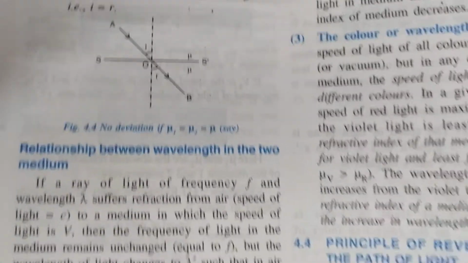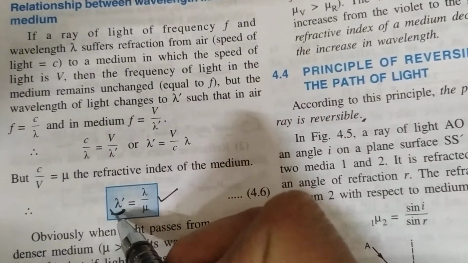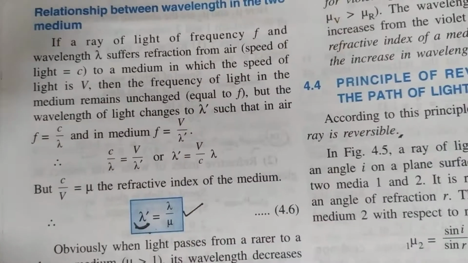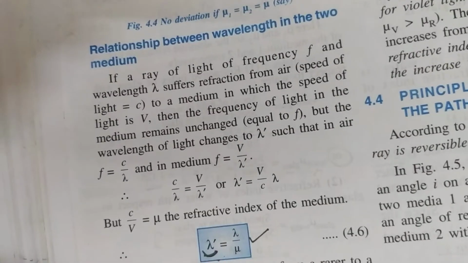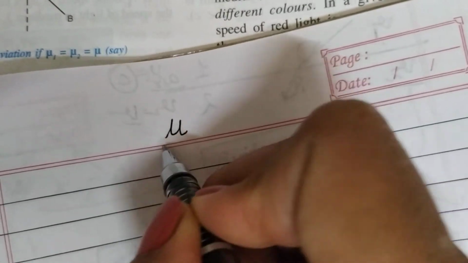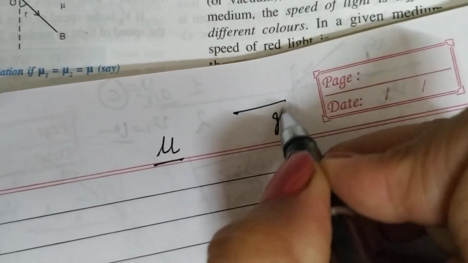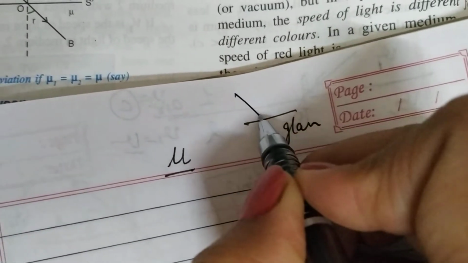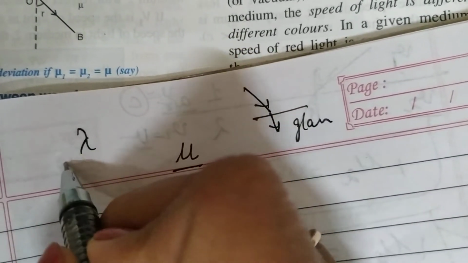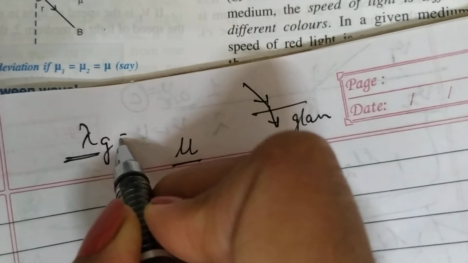Then comes the relation for how to find the wavelength in the second medium when the light is getting refracted. The first medium is air, and you are given the absolute refractive index of the medium, like glass. Light is traveling in glass from air, and you have been given the wavelength of light in air. You have to calculate the wavelength of light in glass.